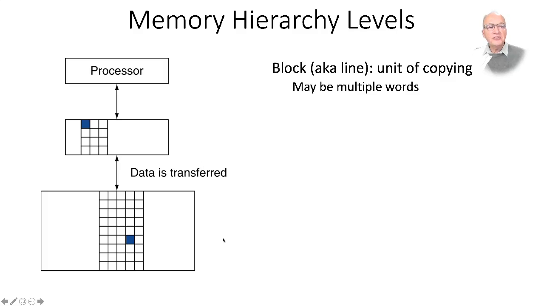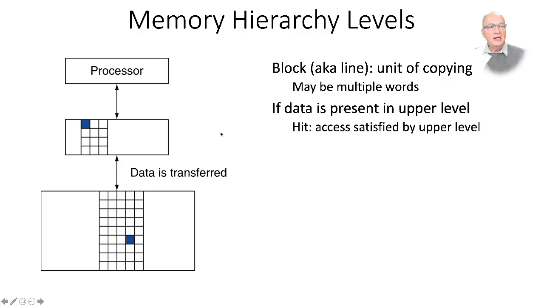I don't transfer single words between these different levels in the hierarchy. Most typically, I'll be transferring multiple words every time that I move data in between them. If the data is present in the upper level in the hierarchy, then I say that the access was a hit.